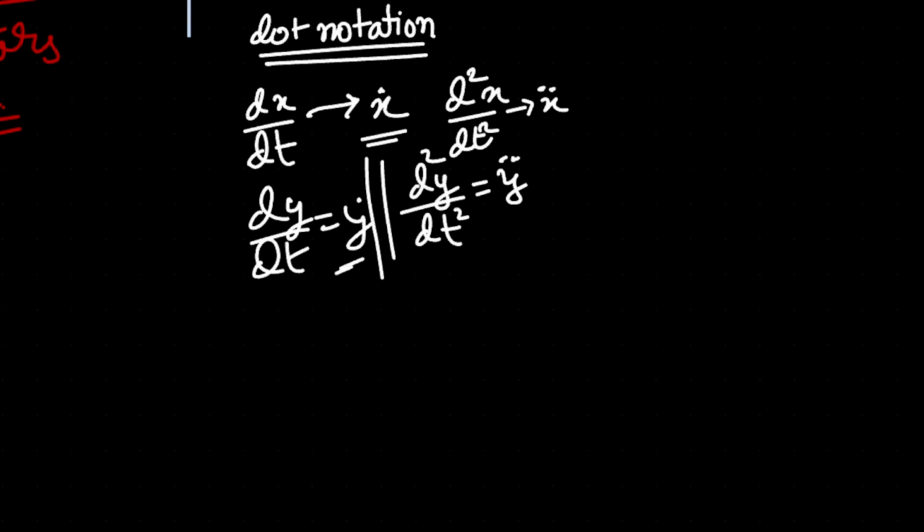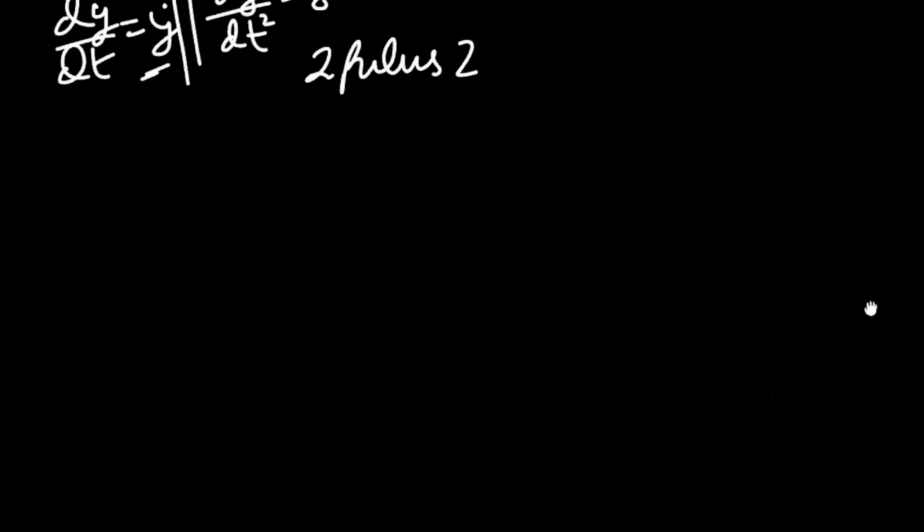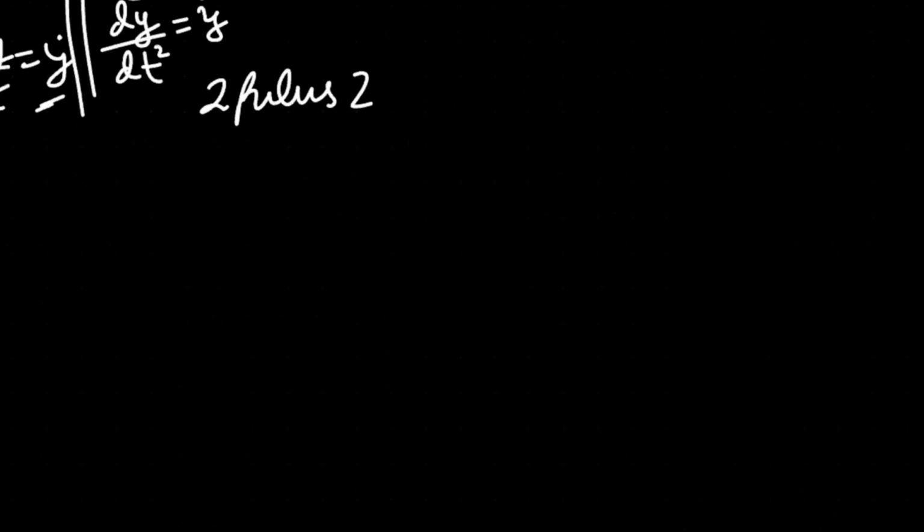Like, to tell you the story, in earlier days when mathematics was in its early stage, people used to write, suppose, 2 plus 2, and 2 was also written in letters, not in numerals. 2 plus 2 is equal to 4.